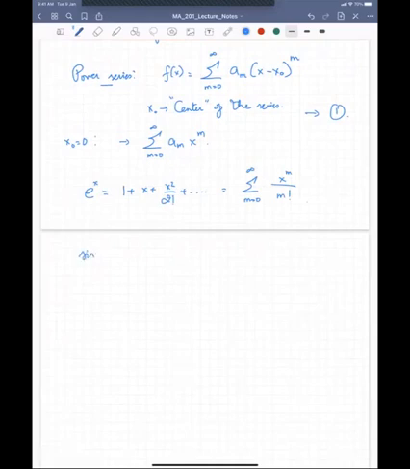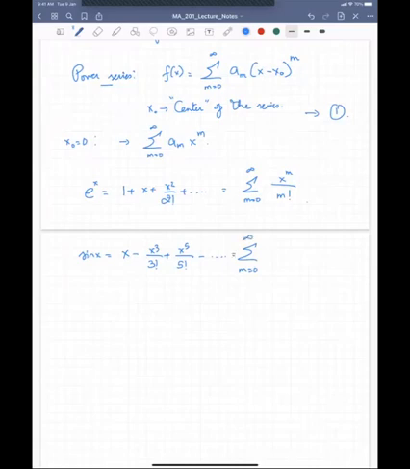For example, sine x would be x minus x cubed by 3 factorial plus x to the 5 over 5 factorial minus x to the 7 over 7 factorial and so on. So this can also be written as a series. We have to account for the fact that there are only odd powers of x, and we also have to account for the fact that the sign of each term keeps alternating.